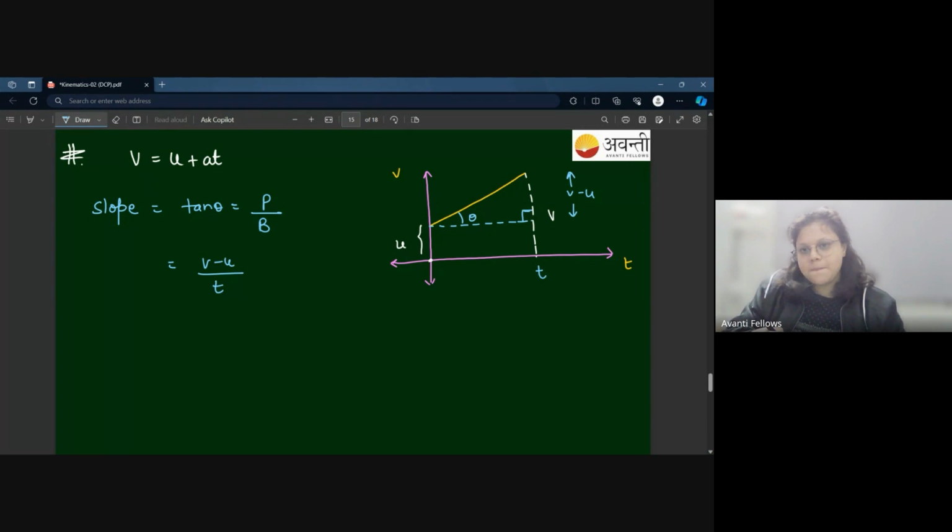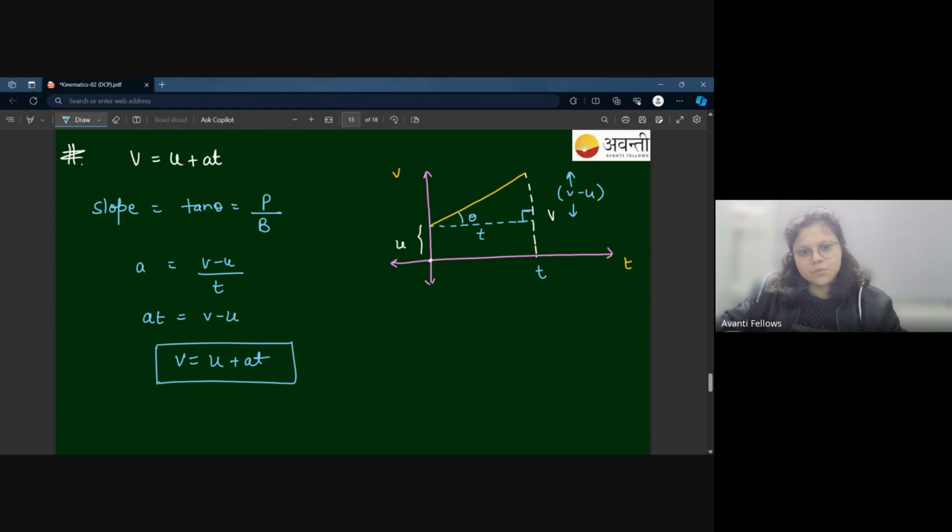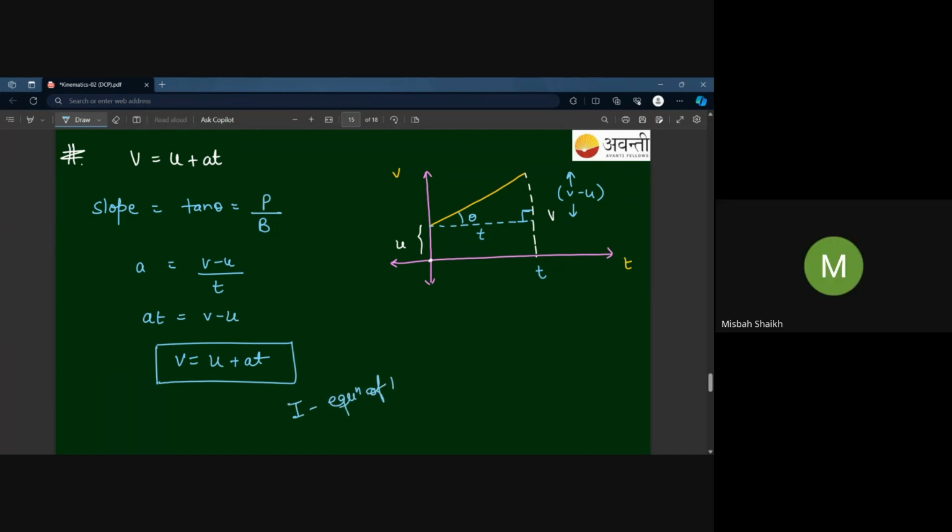This slope is equal to acceleration, as we know, the slope of a v-t graph is acceleration. So from here, just do the cross multiplication. You will get v minus u, and by rearranging the expression, you get the first equation of motion. Is that okay? Yes, ma'am.